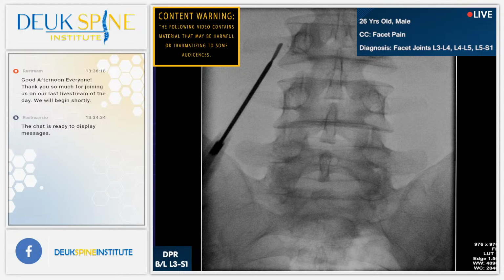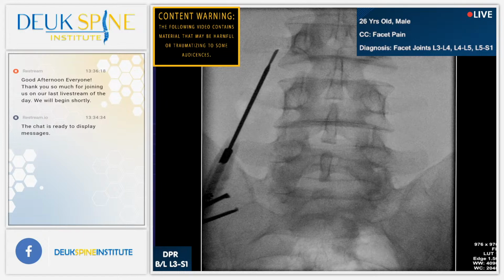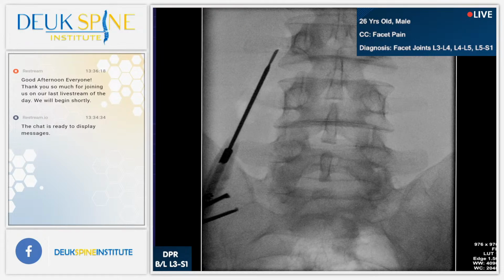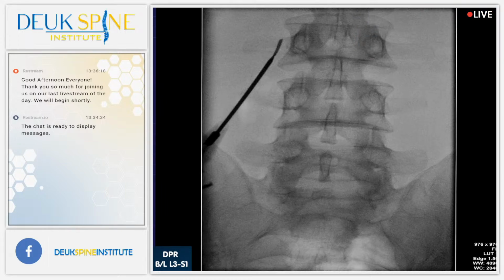Now when people have facet joint pain, there's a small nerve that runs from the foramen along the transverse process to the facet joint. We call that nerve the medial branch of the dorsal ramus.